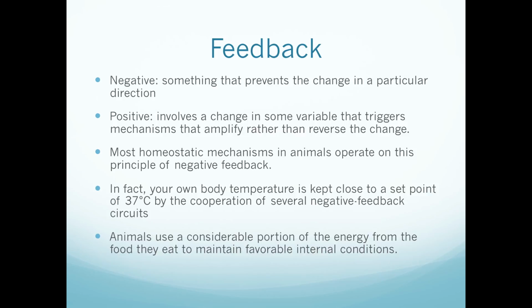So your body is very similar to that. And of course, remember that unlike a house that has a source of energy from, let's say, natural gas, your body has to get this energy from food. So you can see pretty easily that as homeostatic demands increase, the organism is going to have to eat a lot to satisfy that.